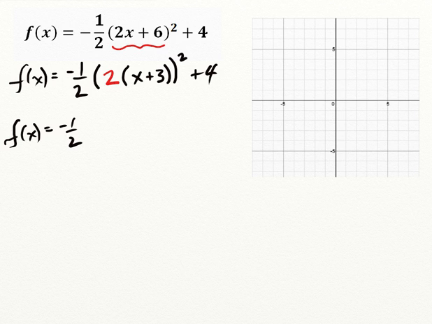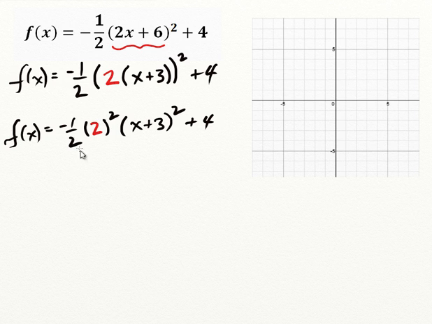That's like saying you've actually got a 2 that is squared, and an x plus 3 that is also squared. And then we've got +4. You can see that by pulling out the 2 that is multiplied by this x plus 3 and squaring it, we were able to get the x all by itself.